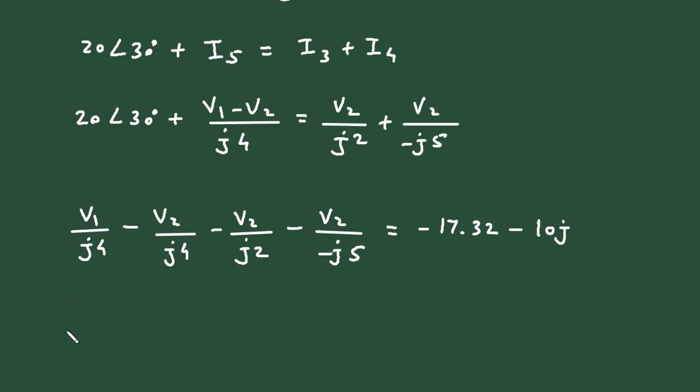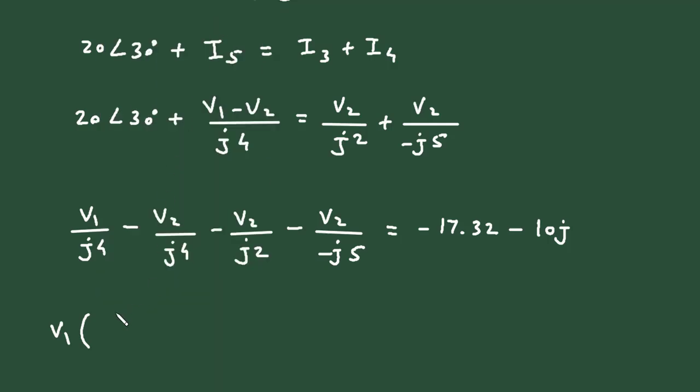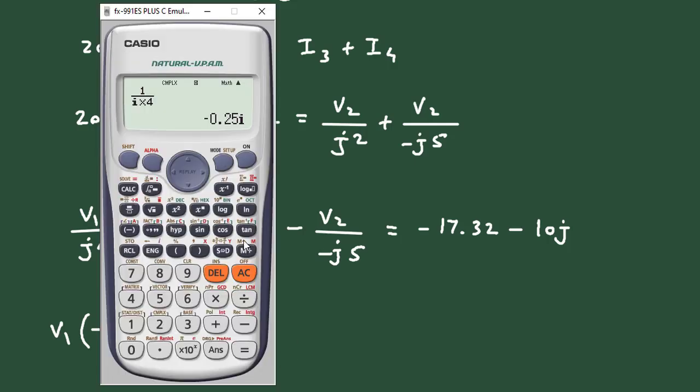Now let's simplify this. So V1 in bracket 1 upon J4, 1 upon J into 4, so it is equal to minus 0.25 J, then plus V2 in bracket. Now let's simplify this.